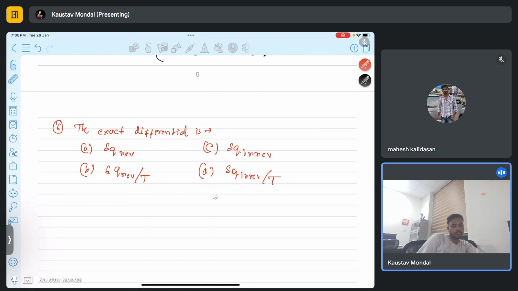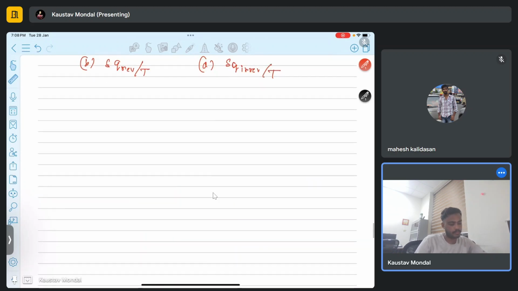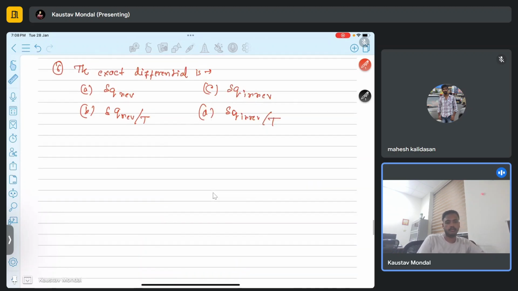Before solving the problem, let me first discuss what an exact differential equation actually means. Which characteristics of an equation confirm that it is an exact differential or not?